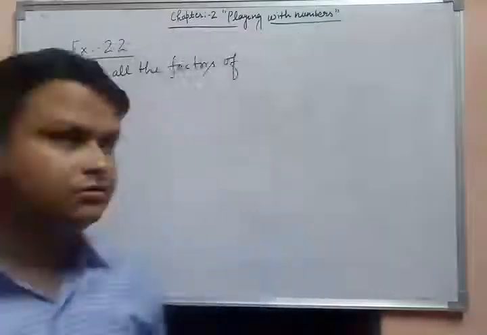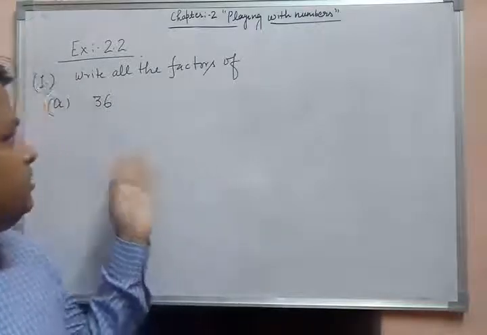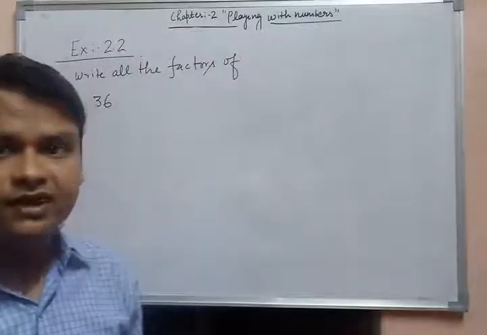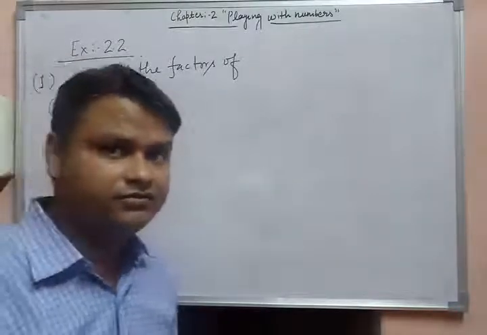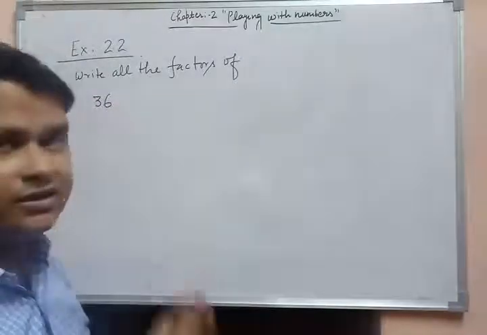So students, moving to our next topic, which is Exercise 2.2, and it is based on the concept of factors and multiples which I have told in the previous section. So write all the factors of 36.